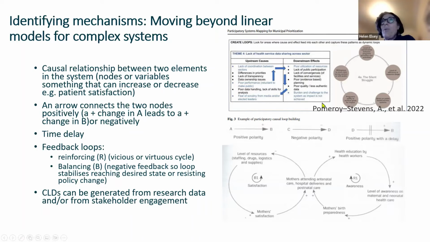There's a really nice example of this being used in practice in this paper by Pomeroy Stevens, which is all about the Asian Resilient Cities project, where they talk through how they use some of these causal loop diagrams with different stakeholders to understand some of the causes and effects, but also, based on that understanding, how health systems might change positively or negatively with different strategies being implemented.